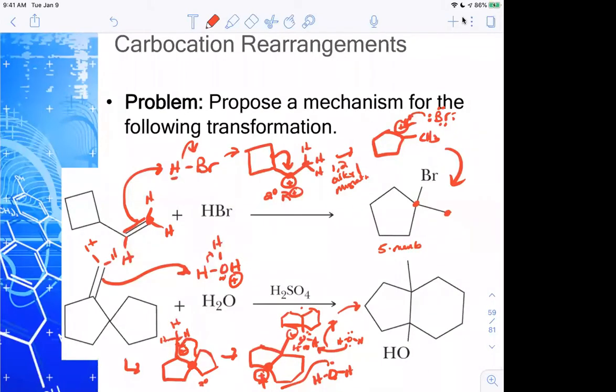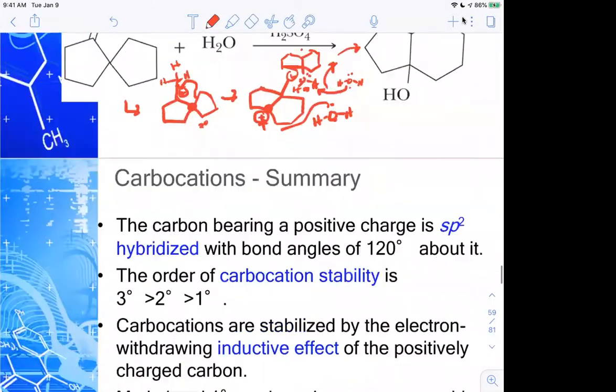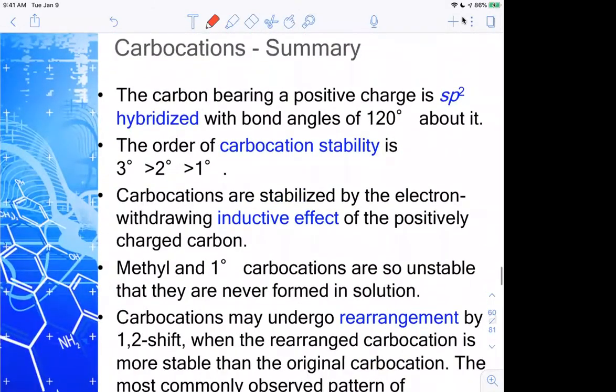So hopefully this makes sense, because you really have to know these carbocation rearrangements. So let's summarize carbocations. The carbon bearing a positive charge is sp2 hybridized. It has bond angles of 120 degrees. And I have this stability: tertiary is really, really more stable than secondary. They're stabilized by the electron-donating inductive effect of the alkyl groups on that positively charged carbon.